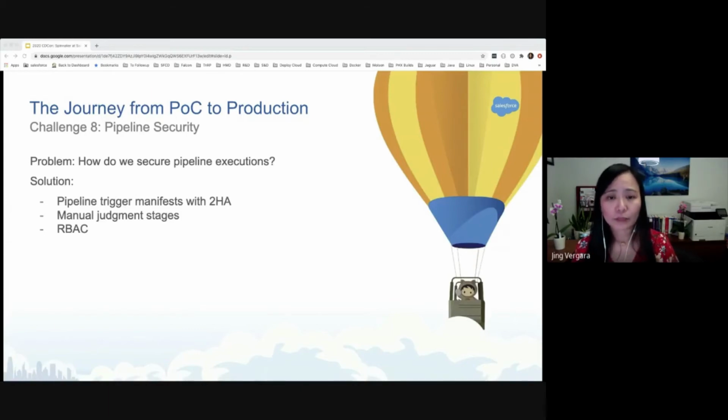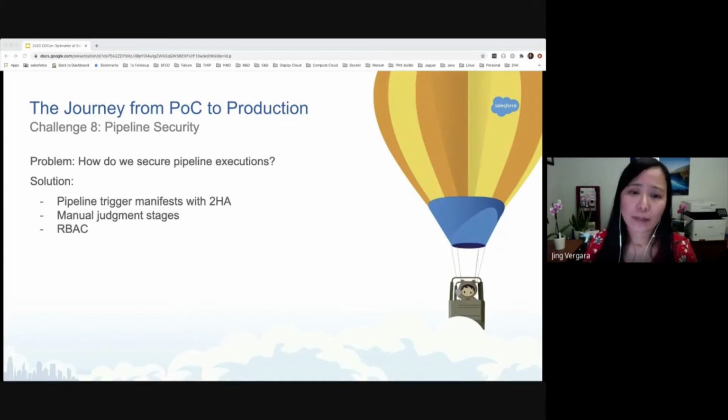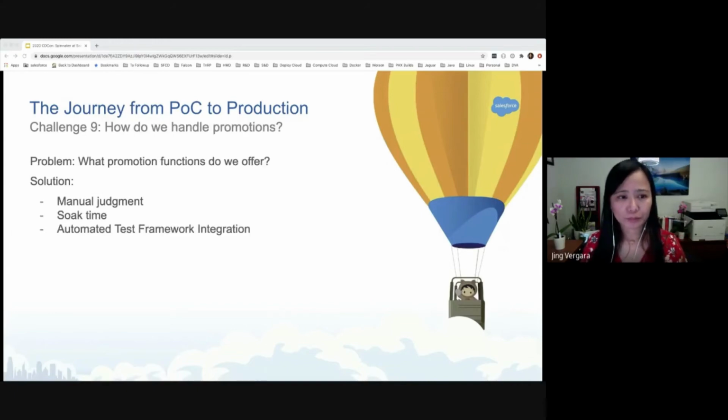And then in our GitOps solution, we enforce 2HA, or two human approval, where someone else has to approve that request before it's allowed to trigger the pipelines in Spinnaker. We also have some manual judgment stages for some pipeline executions, and we also have enabled RBAC policies within Spinnaker.